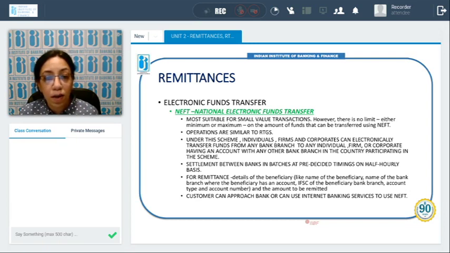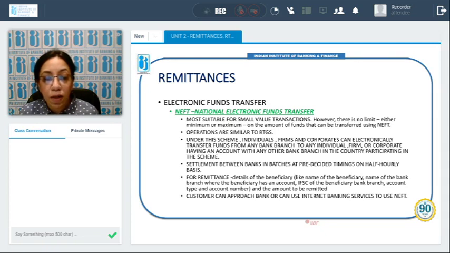Under this scheme, individuals, firms, and corporates can electronically transfer funds from any bank branch to any individual, firm, or corporate having an account with any other bank branch in the country participating in the scheme. The settlement between banks is in batches at pre-decided timings on a half-hourly basis.